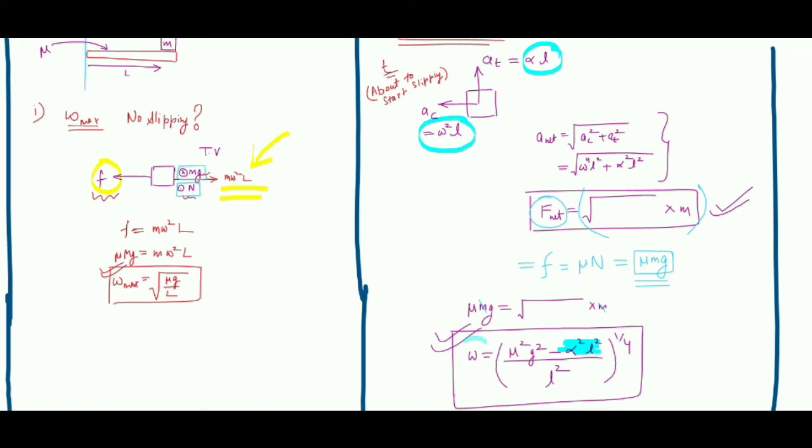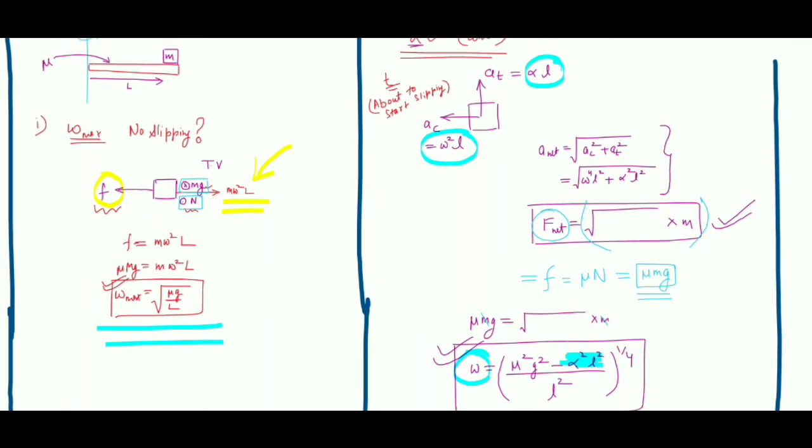It is making this omega lesser compared to the earlier one. And this is what we discussed in the starting also. Because friction is providing tangential force also, hence it is getting divided. So the value of omega at which it will start slipping has to be lesser this time. So this is the answer for the last part of the last question.